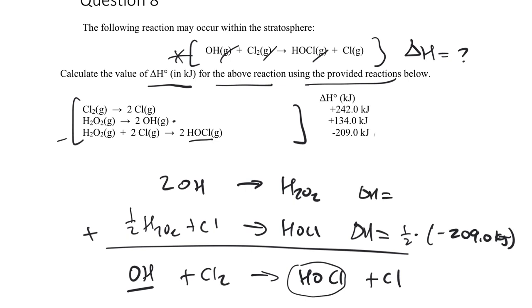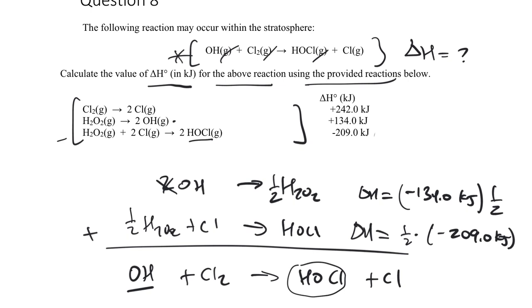The delta H of this reaction would be negative 134.0 because I flipped it from the initial. And then I need to multiply this by a half because I have to cut the coefficient in half here as well. So I have the hydroxyl radical plus a half H2O2. And so you might think I'm done, but I'm not, because if I add these reactions up, they don't add up quite right just yet. It would be OH plus Cl goes to HOCl if I add these up right now.